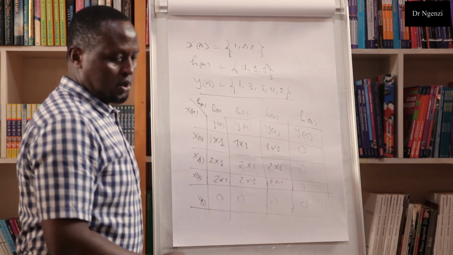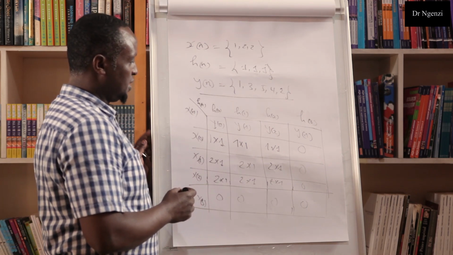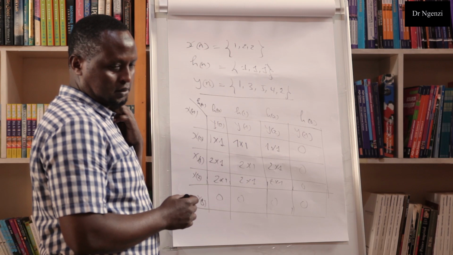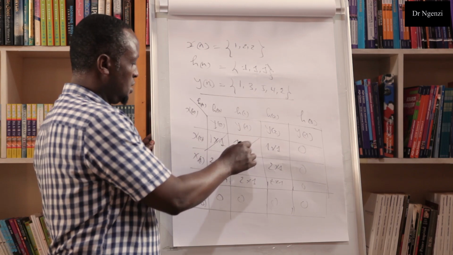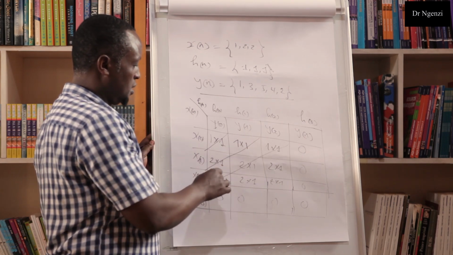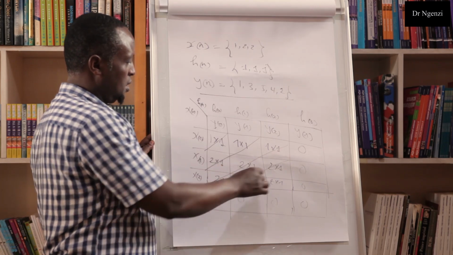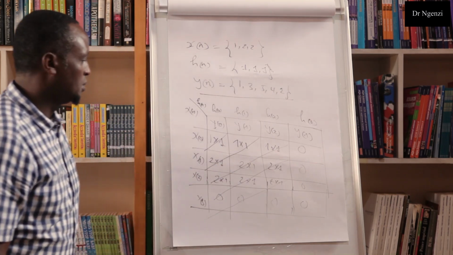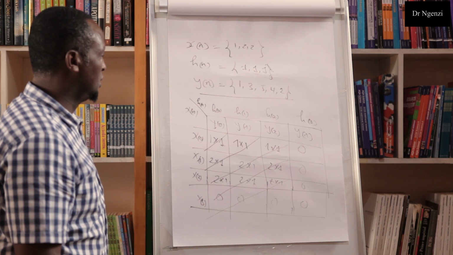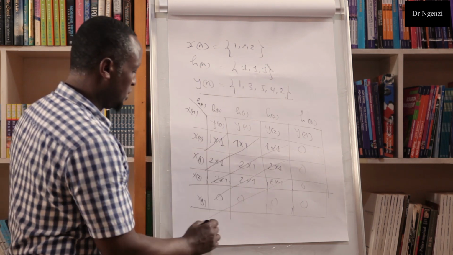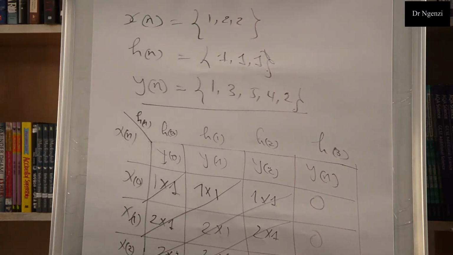So the way it works, the first value here, you sum up along the diagonals. 1 times 1 is 1.